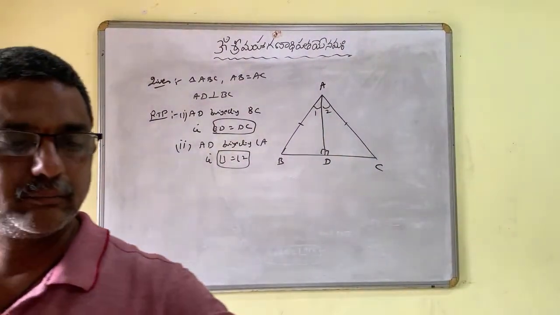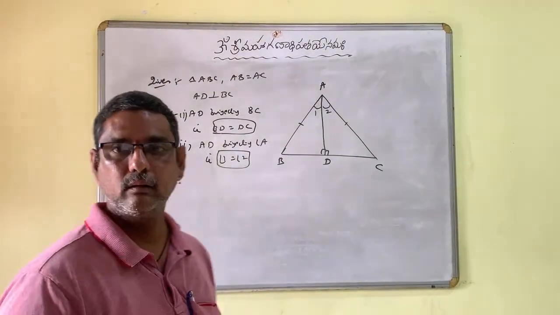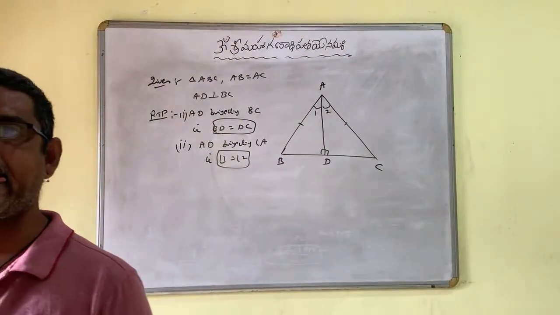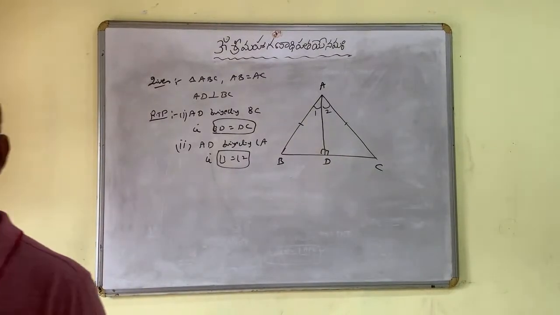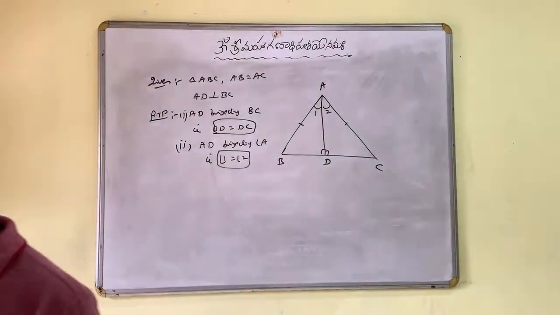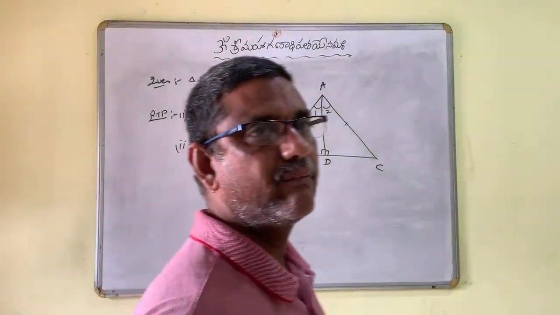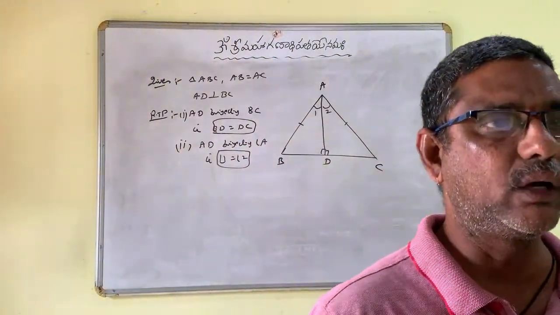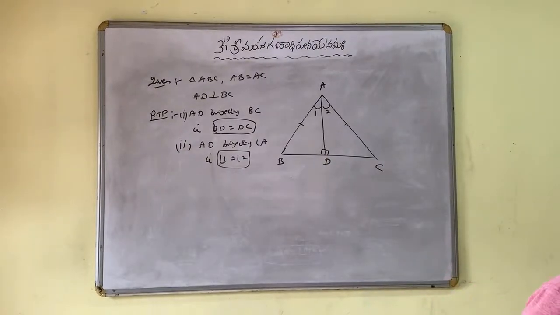How can we prove angle 1 is equal to angle 2 and BD is equal to DC? Any idea from your side?